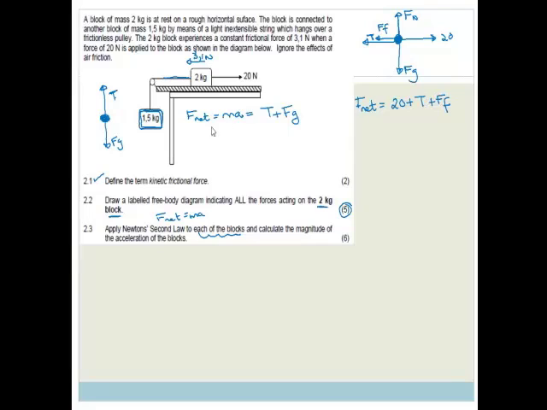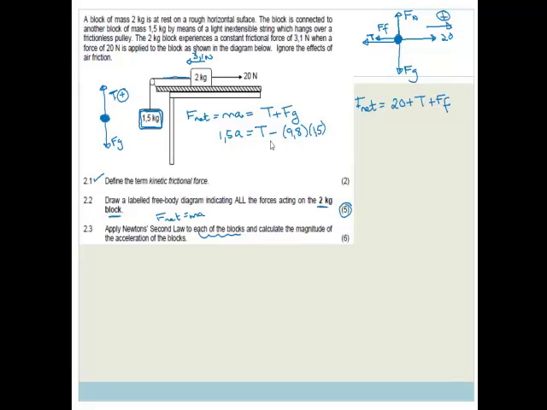Okay, so then, I'm going to choose right as positive. And therefore, if right is positive, then up is going to be positive here, because if that goes right, then this is going up. So 1.5a is equal to T minus the force of gravity, which is going to be 9.8 times the mass of this, which is 1.5.